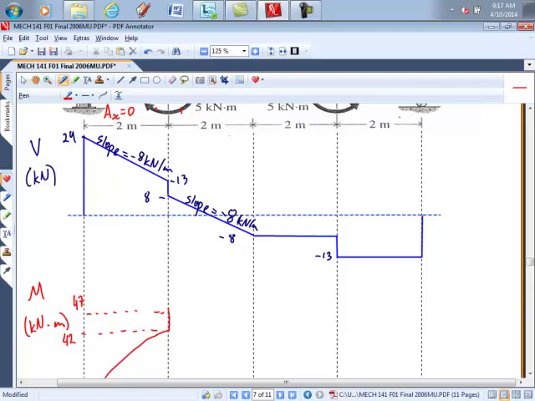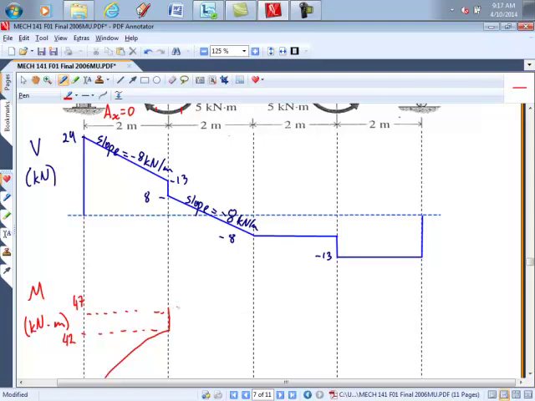What about this drop? What does that do? Well, it does do something. It changes the slope. So the slope here is 13, and the slope here is only going to be 8. Okay, so what's it going to look like between B and C here? That's going to be a top of a parabola.